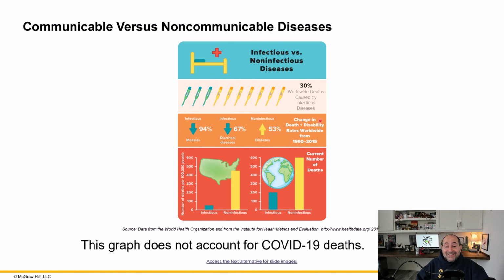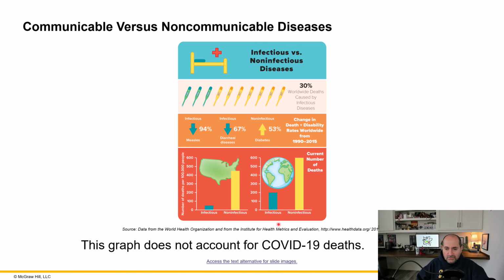And since 1990 till more recently, 2015, we've had decreases in some infectious diseases such as measles and diarrheal diseases, but we've seen an increase in non-infectious diseases such as diabetes. In the US, we see a very low incidence of number of deaths per 100,000 people of infectious origin versus non-infectious.